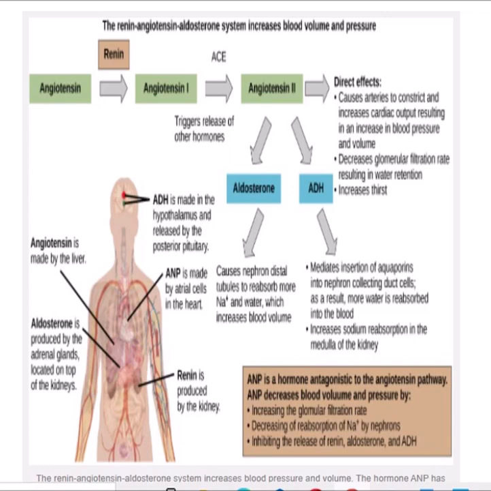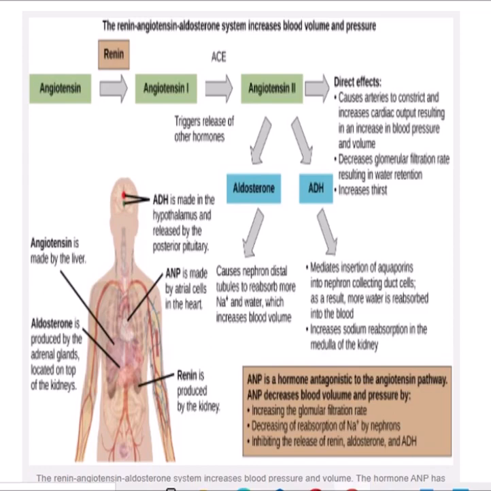Renin acts on angiotensinogen, which is made in the liver, and converts it to angiotensin 1. Angiotensin converting enzyme, ACE, converts angiotensin 1 to angiotensin 2. Angiotensin 2 raises blood pressure by constricting blood vessels.